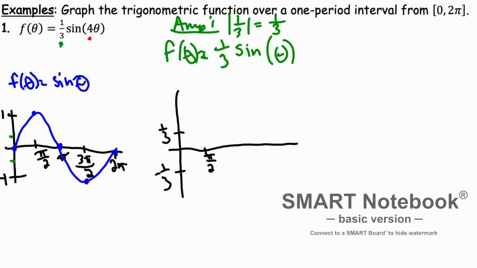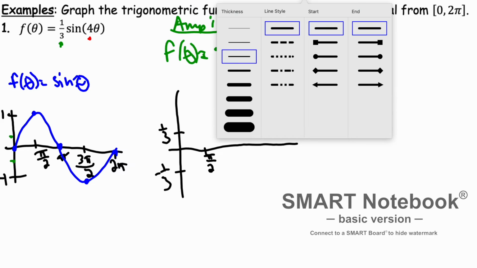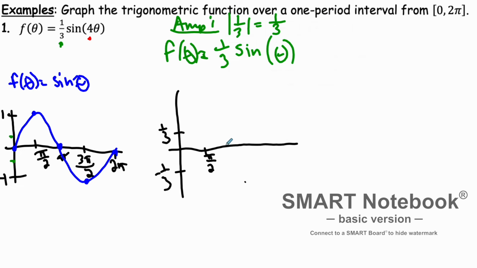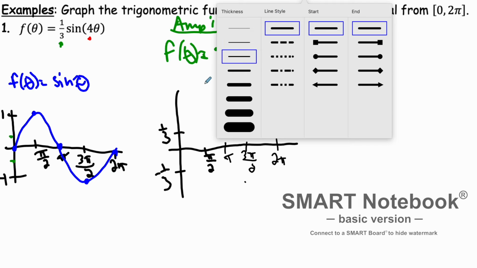Let me come back in here for a second. Wrong button. Let me change the thickness of this so I can actually make it a little bit smaller here. This is pi. We have 3 pi over 2. I can make it a little bit skinnier lines if I change the thickness of that. So I'm going to change it back to do my graph here.